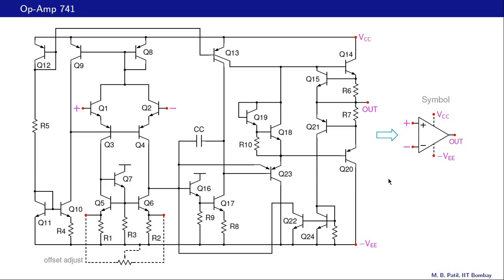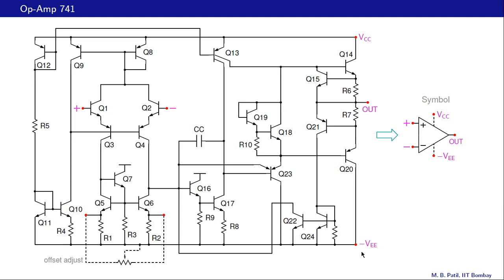And when we say that the op amp is sinking a current, that means a current is entering like that. What is actually happening is the current enters like that and goes through this Q20, the transistor, and eventually to this minus VEE power supply. And that is how the circuit is completed.